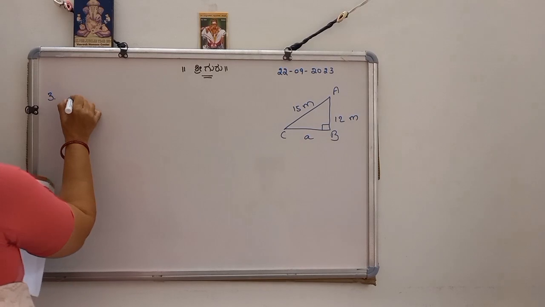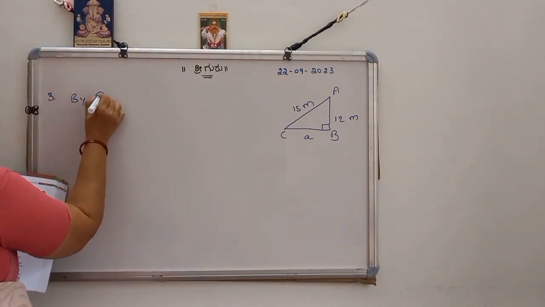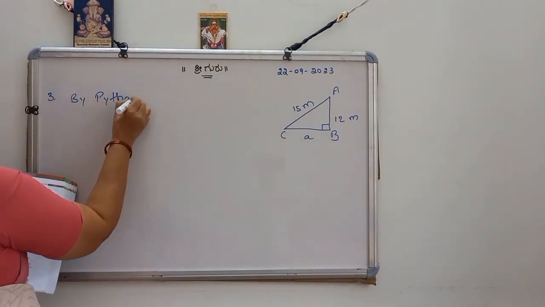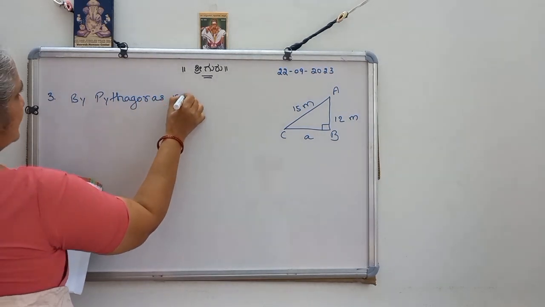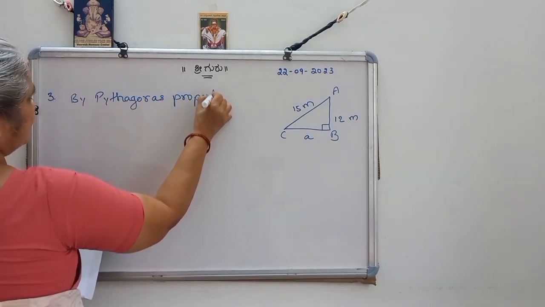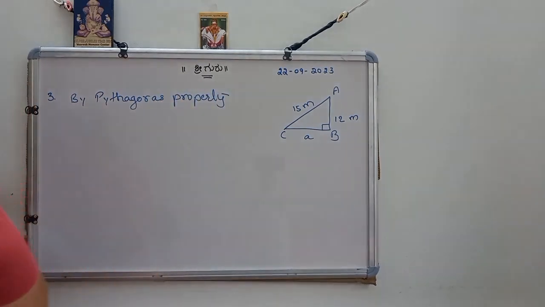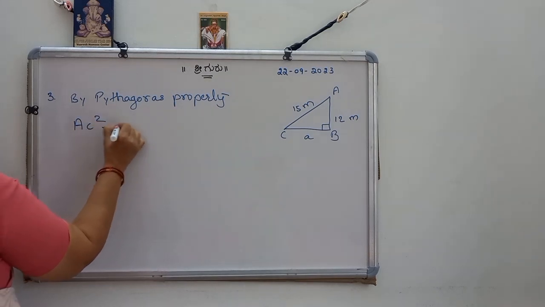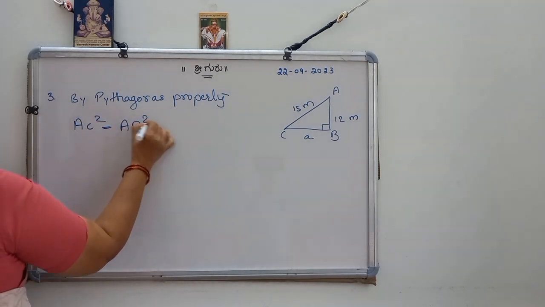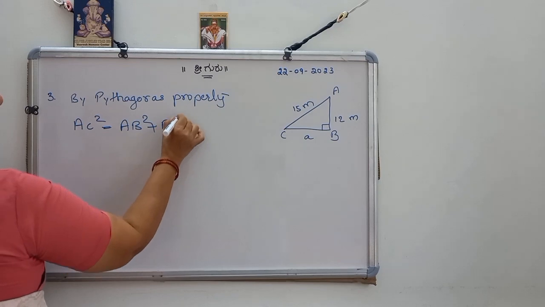By Pythagoras theorem or by Pythagoras property, AC square is equal to AB square plus BC square.